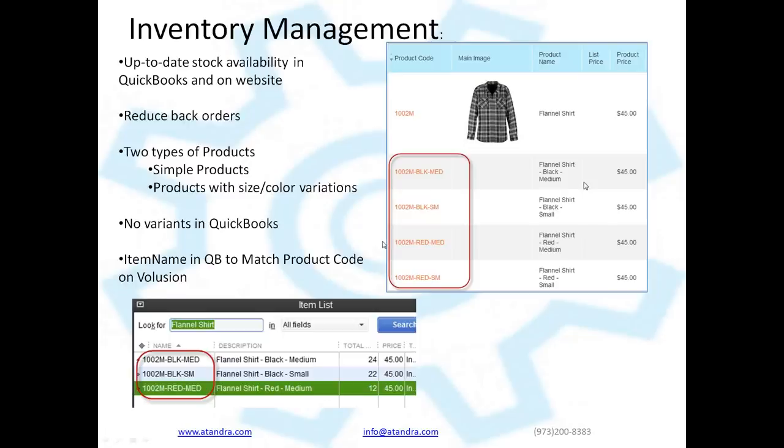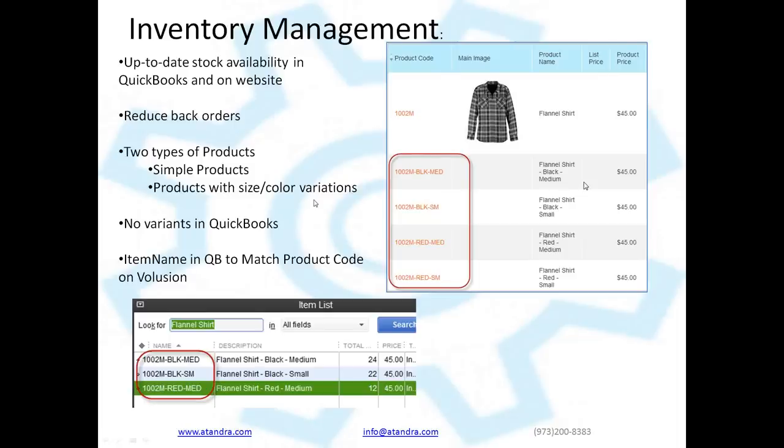And when you set up those products in QuickBooks, you can assign the same item name. So if you look at this example, the black medium shirt has a code 1002M-BLK-MED, and the same code is also there in QuickBooks, 1002M-BLK-MED. So it's going back to the same principle that the item name in QuickBooks matches the product code on Volusion.